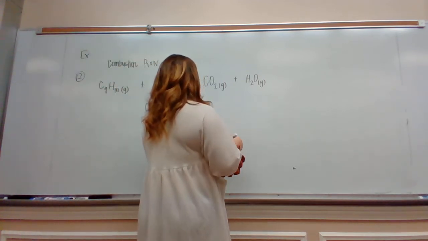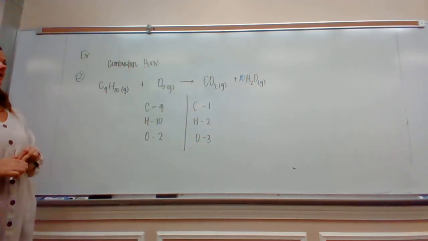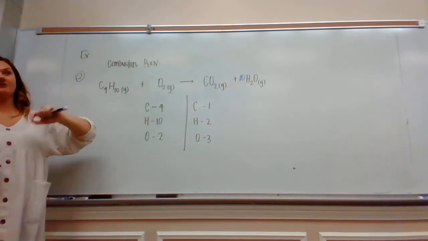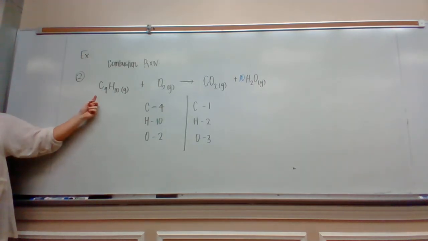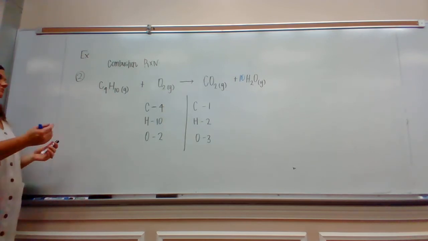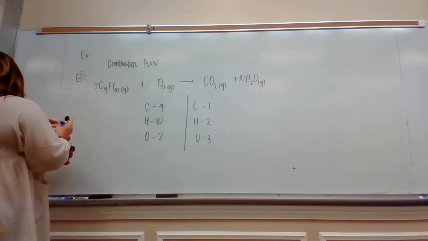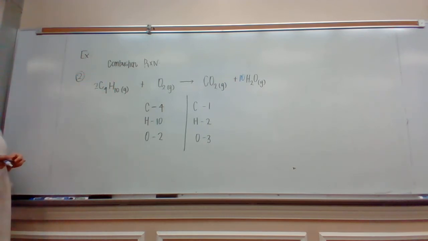So I put a 10 right there. All I did, took this number, put it in front of water. Then come back over here and balance out your hydrogens. So it should always be a 2. Because there's always going to be water on that side.